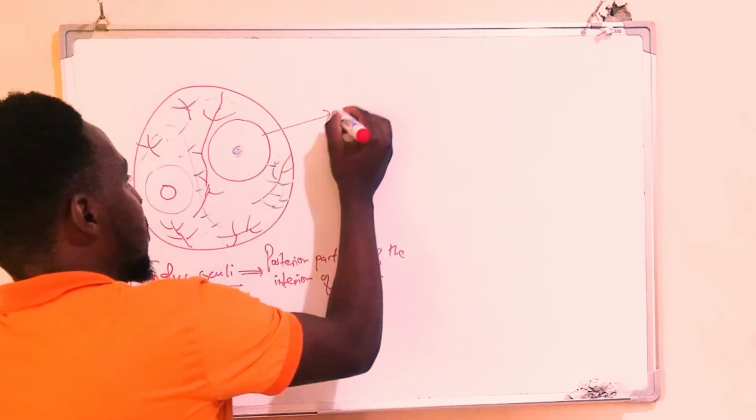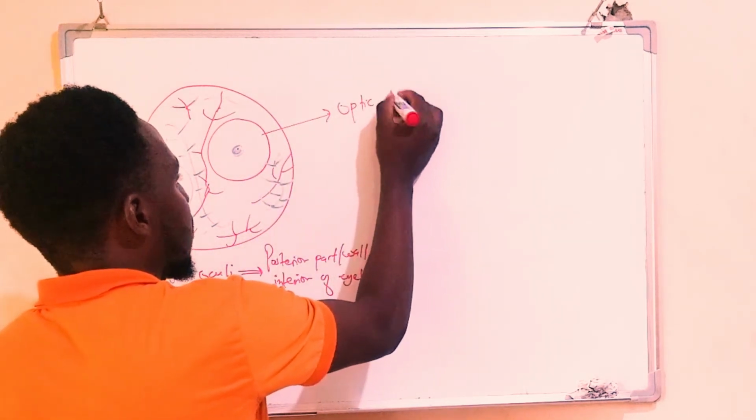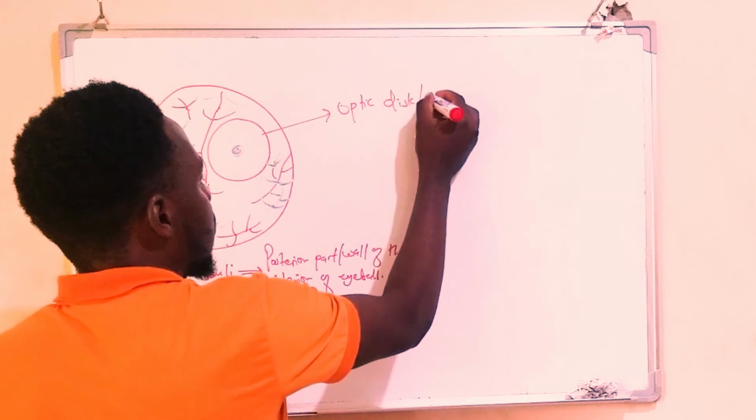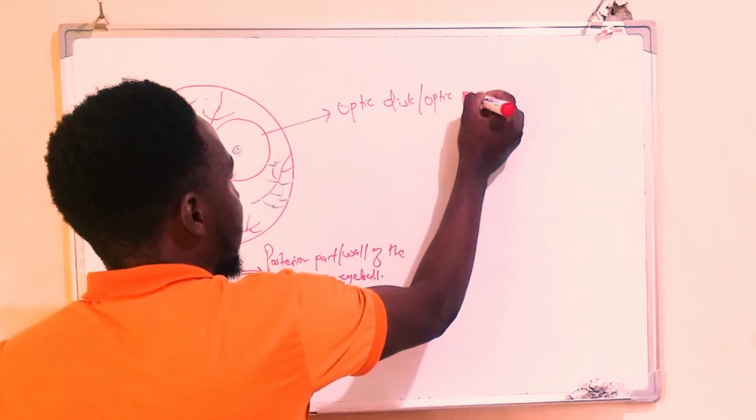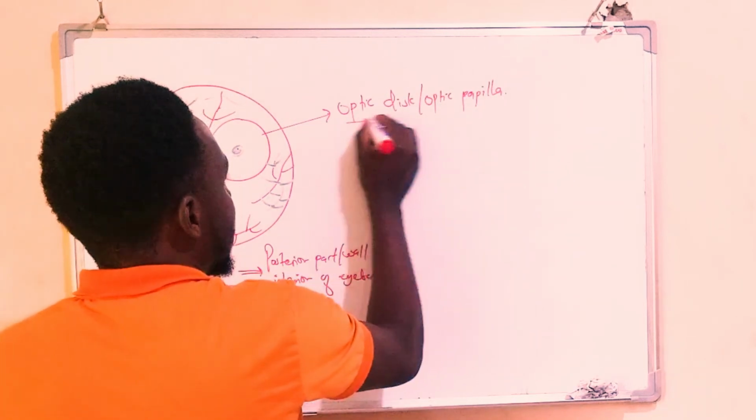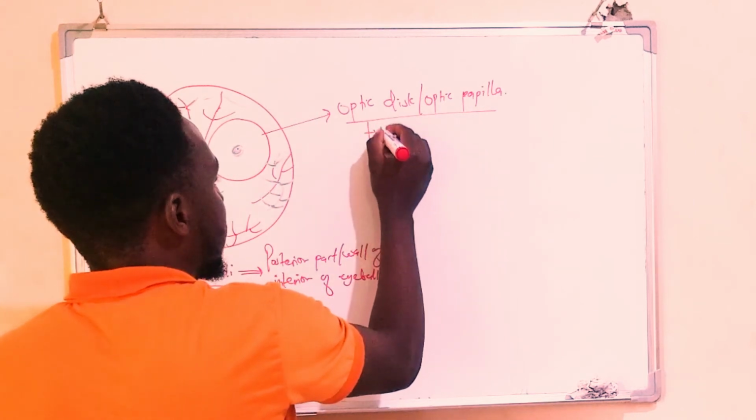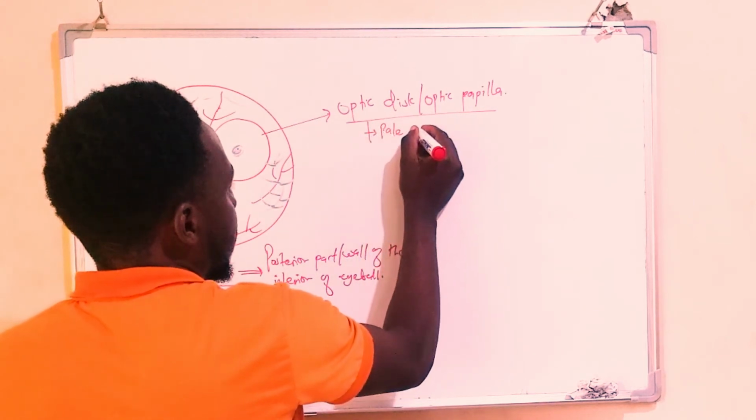So this is the optic disc, also known as optic papilla. This is a pale disc.